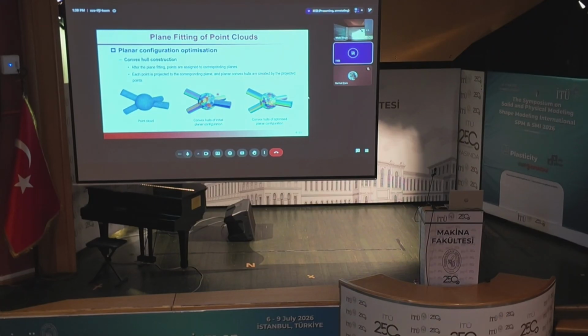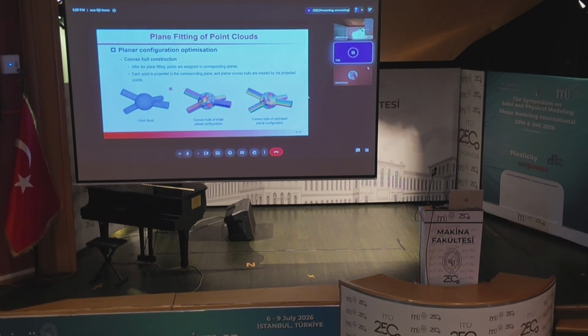After optimization, we will get an optimized plane fitting of the point cloud, and the points are assigned to corresponding planes. After we get the optimized planes, each point will be projected to the corresponding plane, and we can construct planar convex hulls according to the projected points.